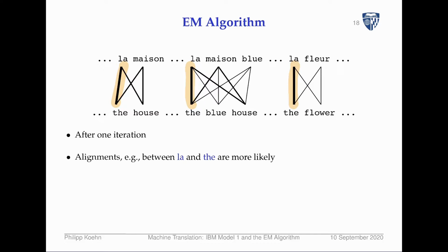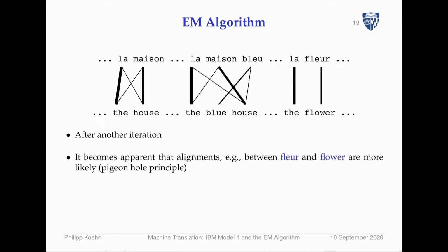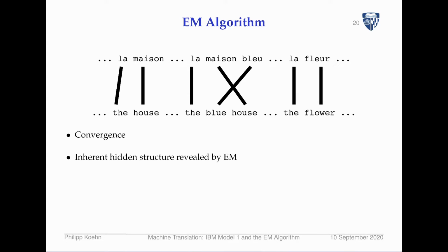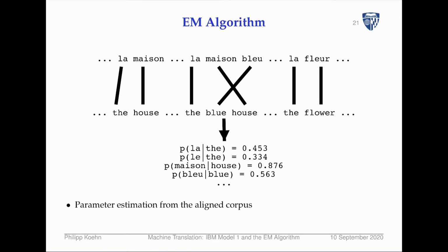The key thing is that we're going to consider overall sentence alignment scores and estimate counts from there as well. So now we don't count everything equally, we're going to count things higher if they're more probable. And if you do this for a while, maybe by magic, the EM algorithm reveals the underlying alignment here. And with the alignments, we can estimate the translation probabilities.